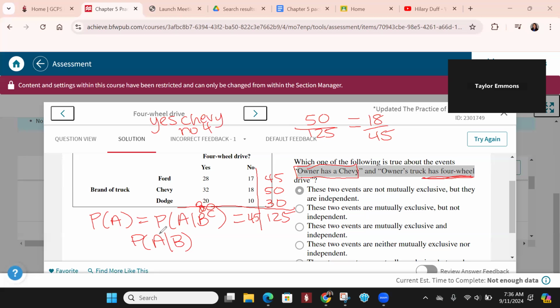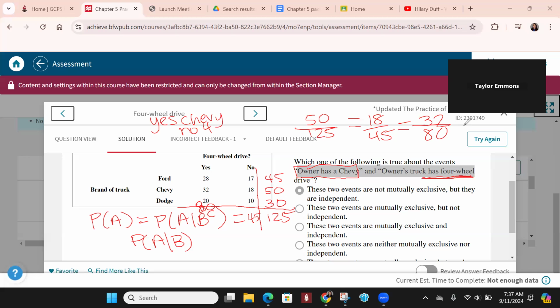Okay, what about this last part? A given B. Out of the four-wheel drive, yes, so out of 80, how many have a Chevy? 32 divided by 80 is 0.4.